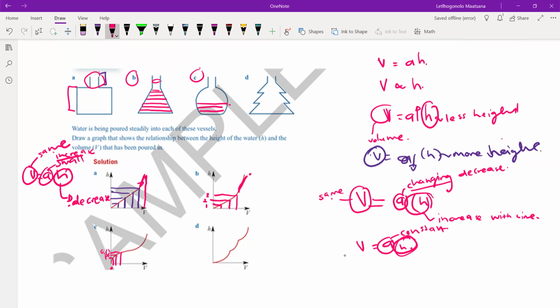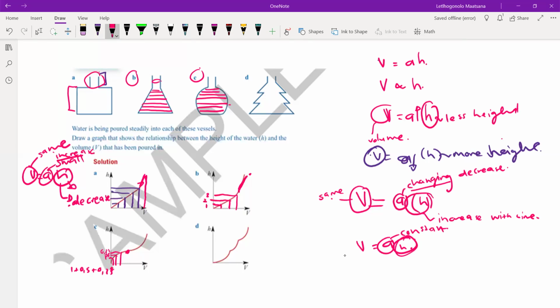So the height difference is what I'm talking about, but your height is increasing, right? Even though it's increasing by 0.5 and then by 0.25, it is increasing, but the rate at which it's increasing is decreasing until you get to a point, which is here. You will see that your cross-sectional area now is decreasing. So what should happen?